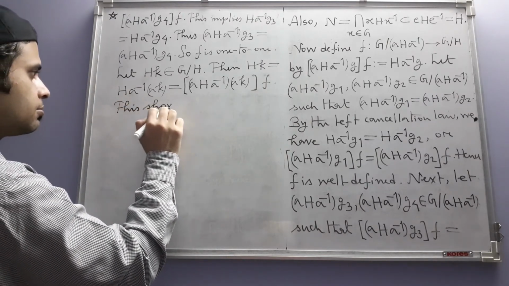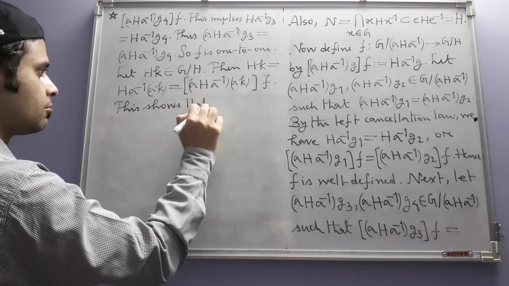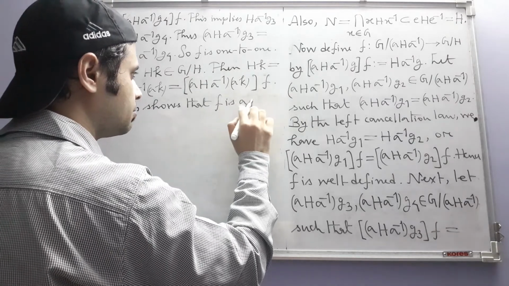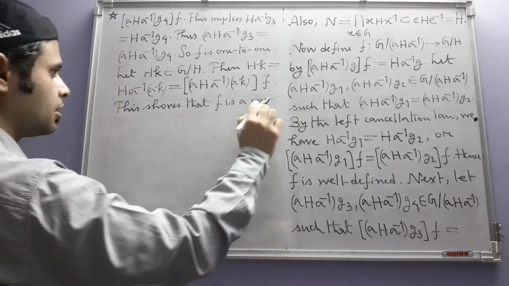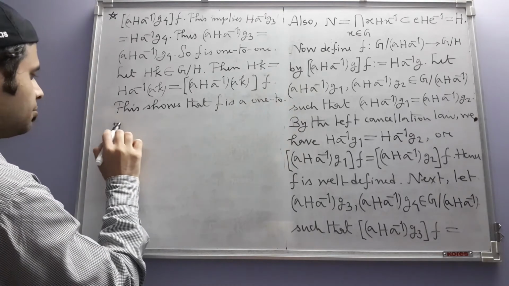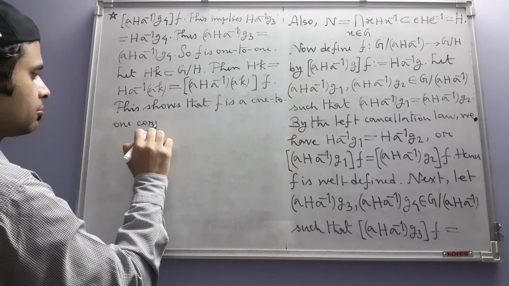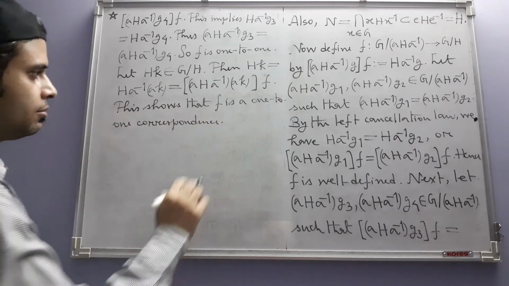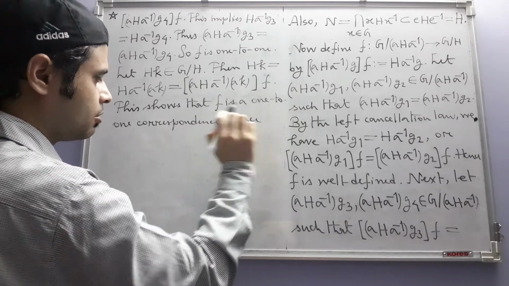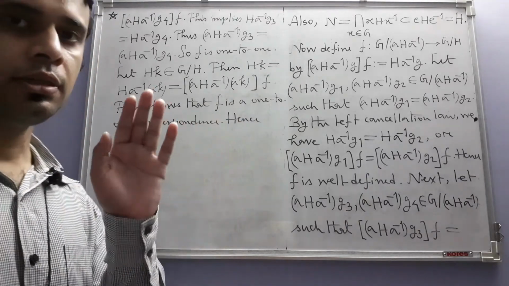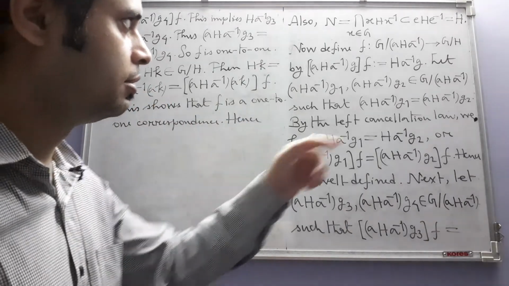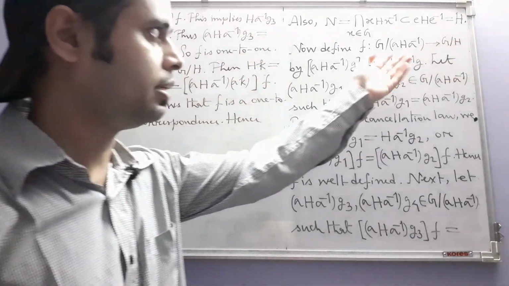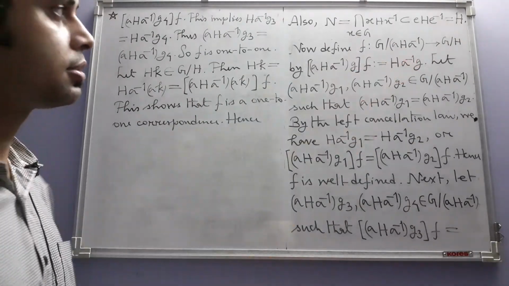This shows that F is a one-to-one correspondence, or a bijection. Hence, since it's given that H is a subgroup of finite index in G, this set of right cosets of H in G is finite, because the index is the number of elements in that set.